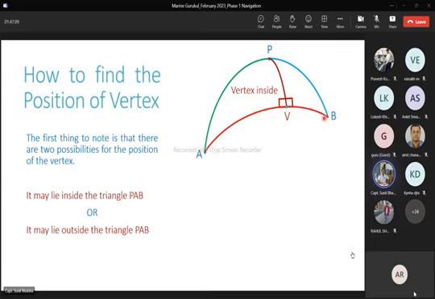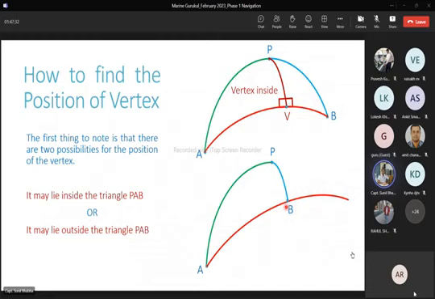The vertex may lie outside the triangle PAB. Let me show you in the diagram. Let's assume this is the pole. A is my initial position, B is my final position. Let's make the PAB triangle. You can see the PAB triangle coming up on the screen.